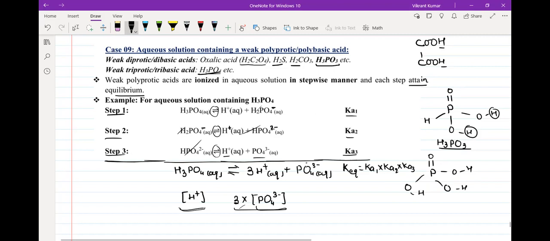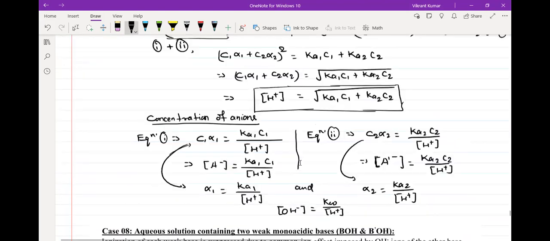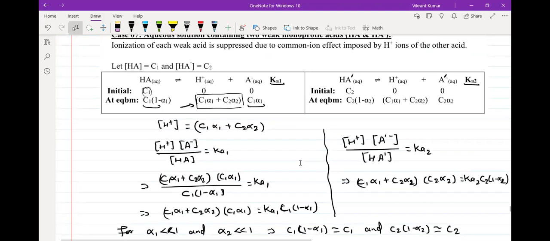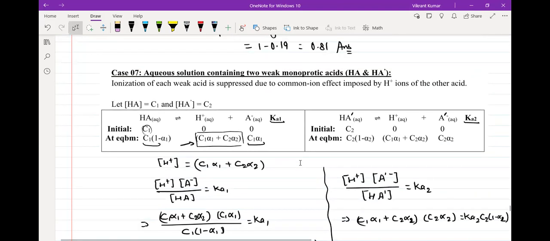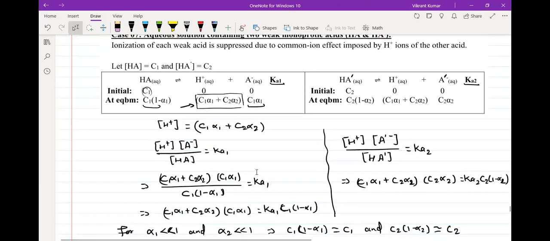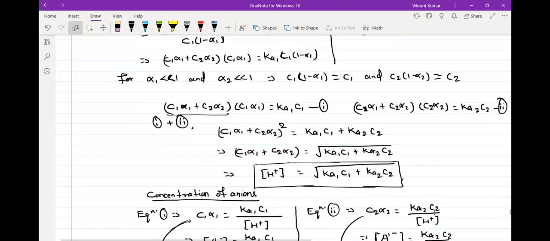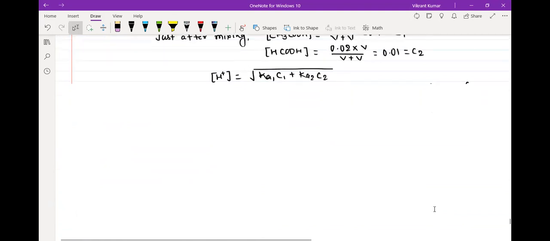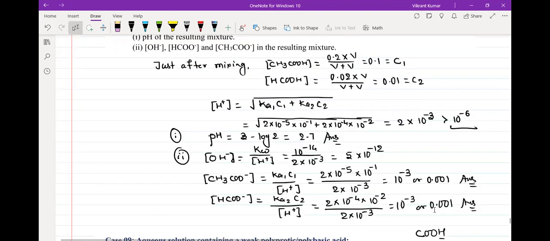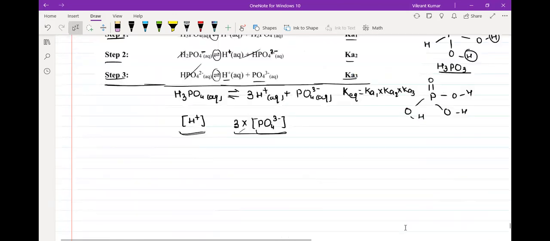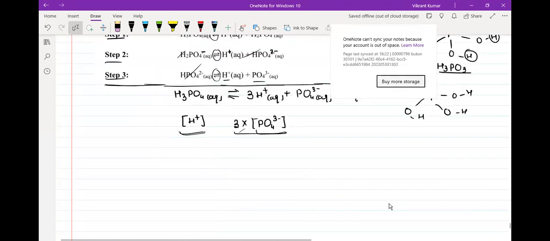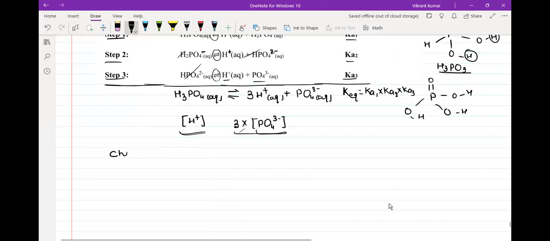The last case I discussed, cases 7 and 8, has a shortcut, and that is given by the charge balance. First we will discuss that charge balance method and then we will get everything. The formula that came in case 7, H plus equals the square root of K1 C1 plus K2 C2, has a theory. There is a shortcut to that formula, which will be obtained by something called the charge balance method, and that will give you the answer of this question also. First we'll understand what the charge balance method is. Okay. And then I'll give you the right answer as well as the explanation.